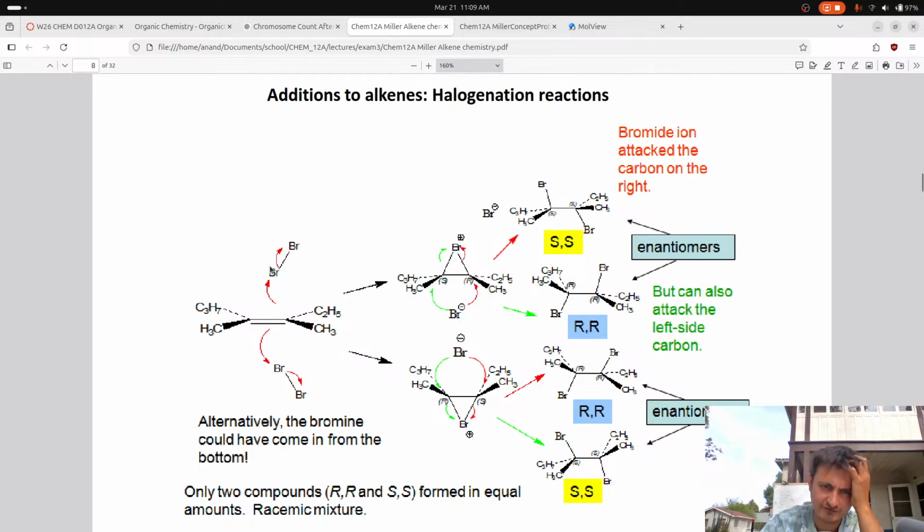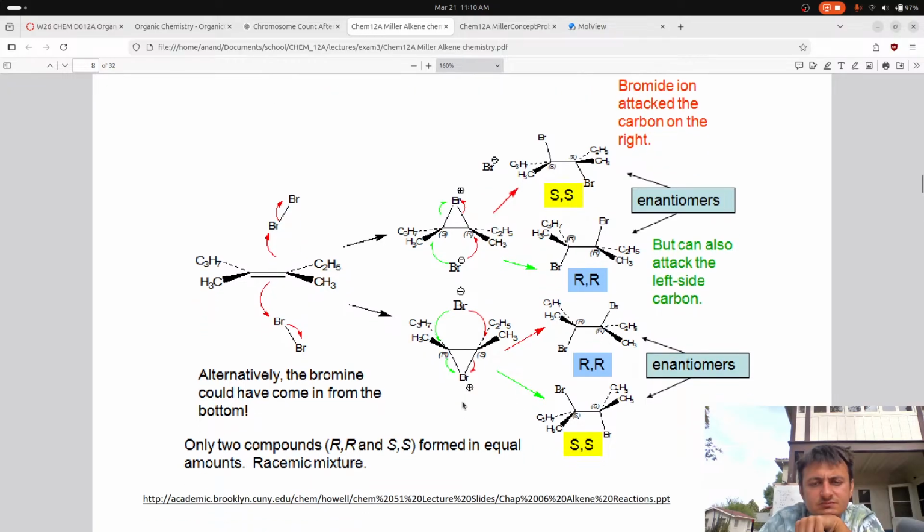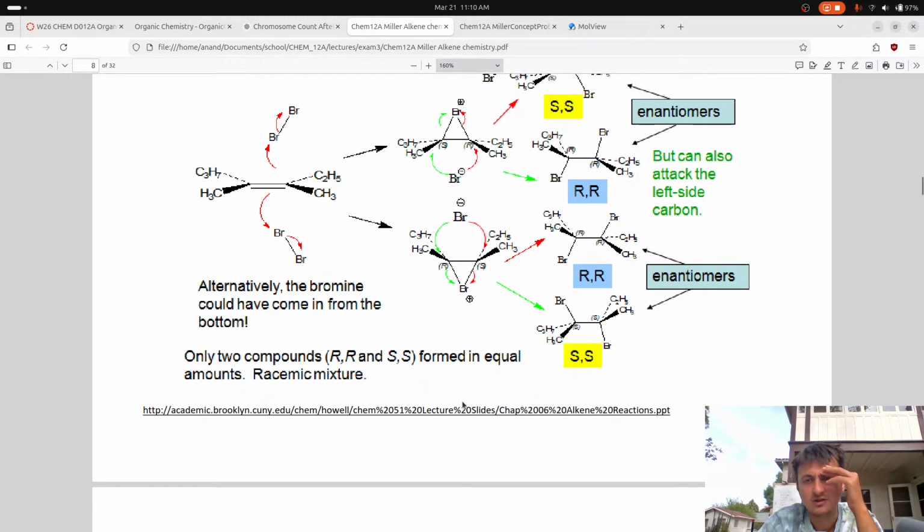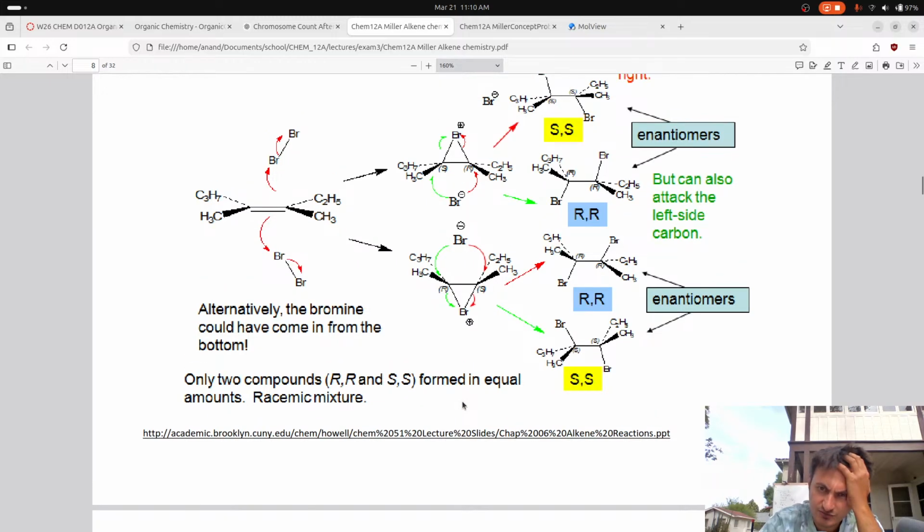Or, well, the first one, there's no stereochemistry to begin with. So it starts off, it establishes, okay, and only one pair of enantiomers form.